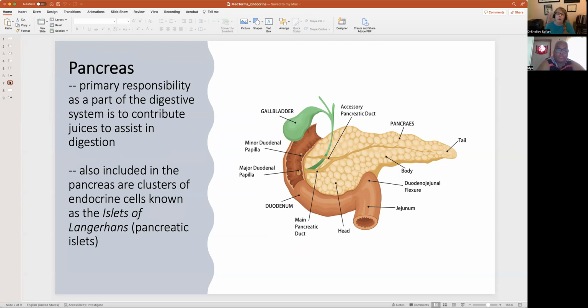But now we have another part of the pancreas that is involved with blood sugar, right? You know that diabetes is a condition caused by a dysfunctional pancreas, part of the dysfunctional pancreas, the clusters of endocrine cells known as the islets of Langerhans, which are the pancreatic islets.